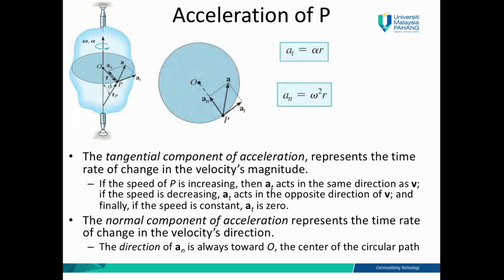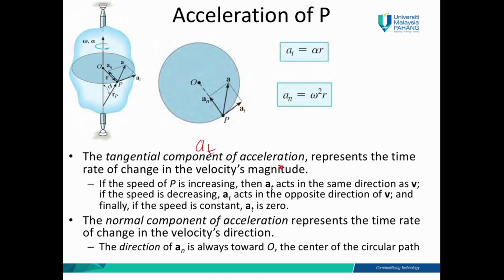So what does it mean actually, your tangential component of acceleration and your normal component of acceleration? Well, actually the tangential component of acceleration, or AT, represents the time rate of change in your magnitude.